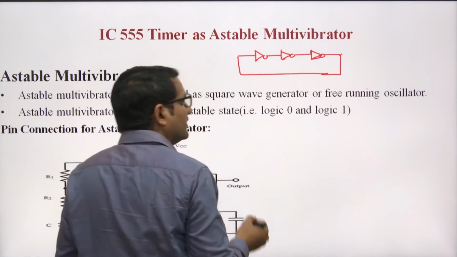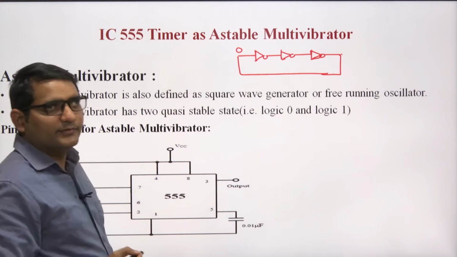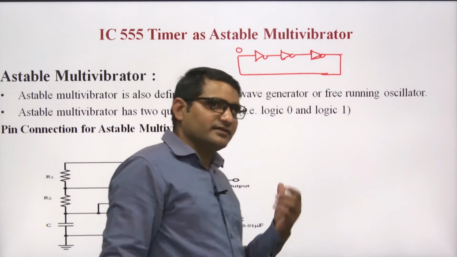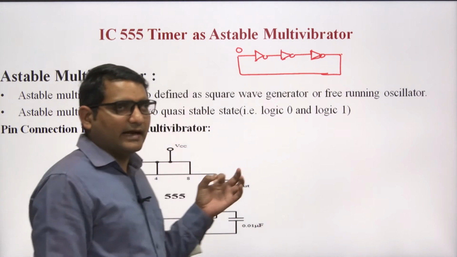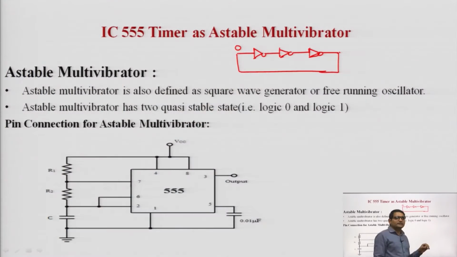Let us consider that the input is 0. We give no input; we consider noise at the input side as a logic 0, with a minimum of 0.02 millivolt. So this will be 0, this is 1, this is 0, and the output will come as 1.